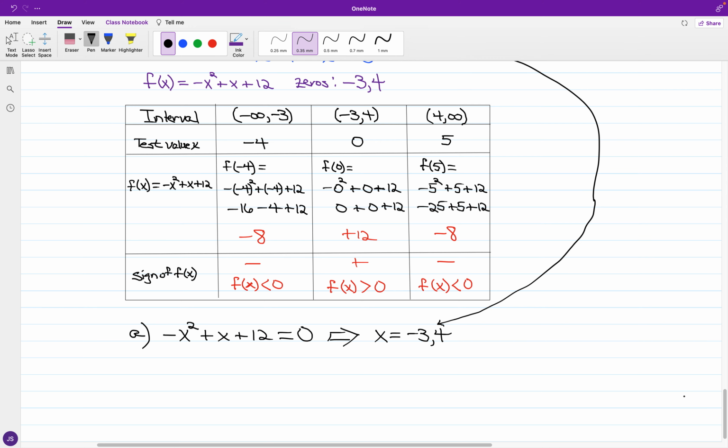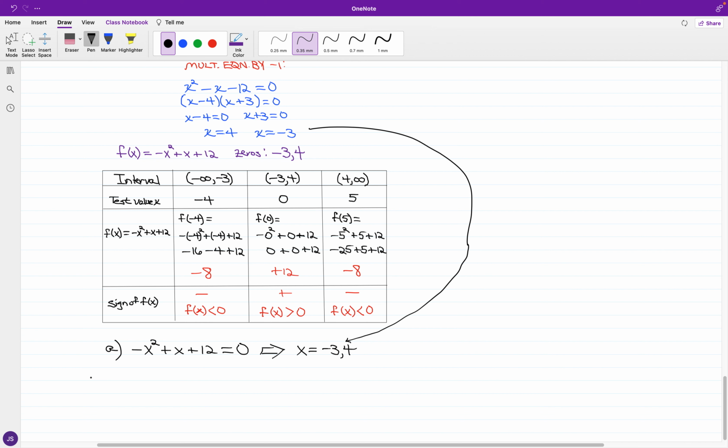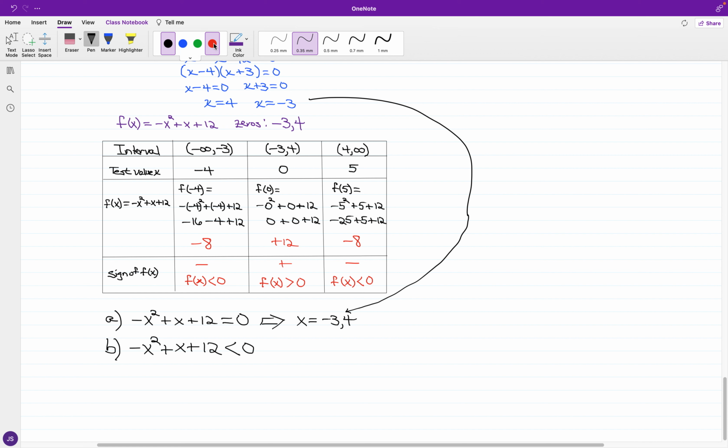Now the inequalities are going to come in. We have the inequalities expressed in the form of comparisons to 0. Where we have negative x squared plus x plus 12 is less than 0, again, your f of x is negative x squared plus x plus 12, and where that is less than 0, we can reference where f of x is less than 0.